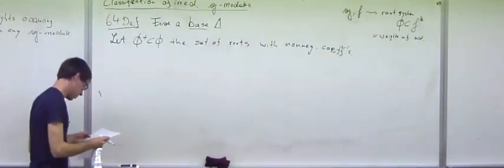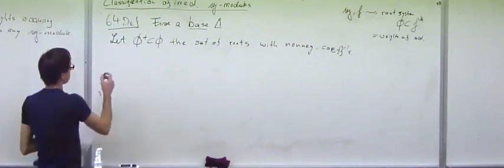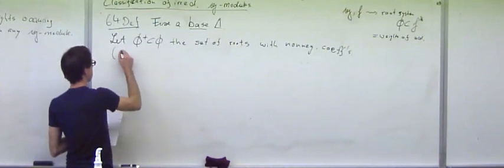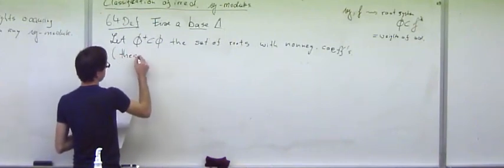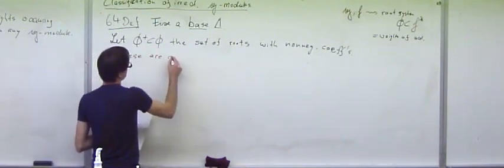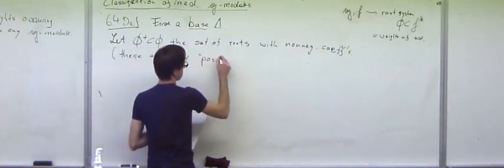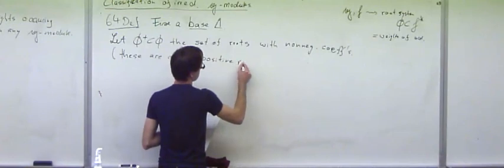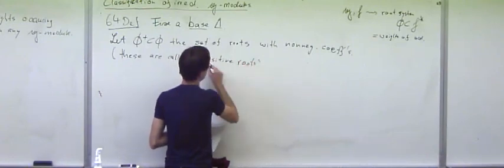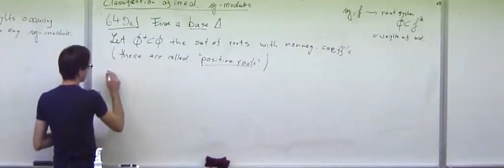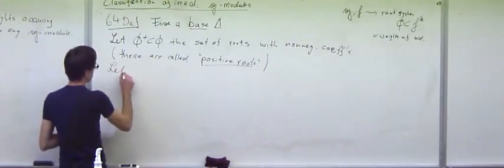So what else do we need? This is the definition part. These are called positive roots. So far so good. So what do we need them for?